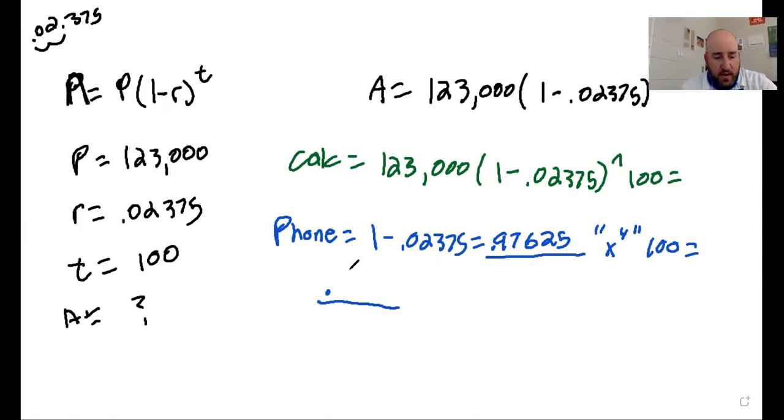Again, we'll round it to 0.0904. I'll do 2 decimal places or 4 decimal places. I can't count today apparently. And times 123,000 equals, but you leave the whole decimal in, multiply it by 123,000. And we get 11,117.56. So we'll round that up to 11,118.